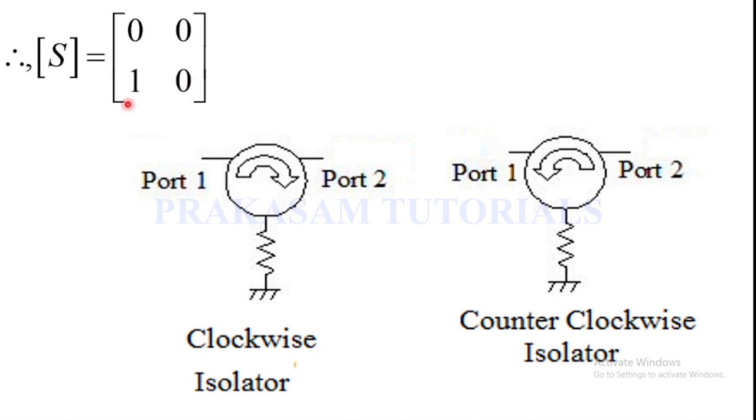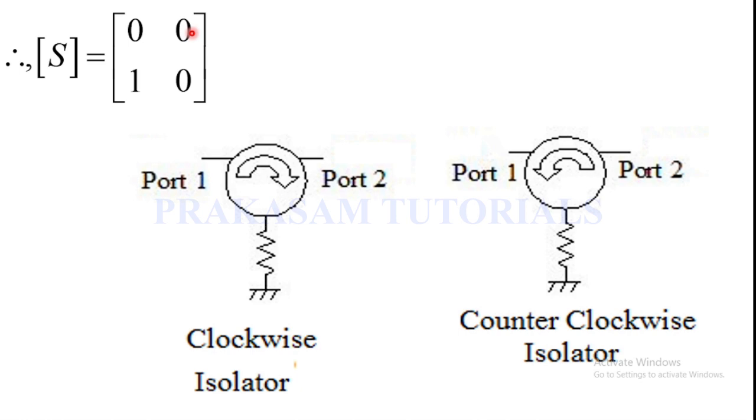When the input is applied at port 1, there is no reflected output at port 1, so the scattering coefficient S11 is equal to 0. Now S12: in the scattering coefficient S12, the second subscript 2 represents the input port and the first subscript represents the output port.